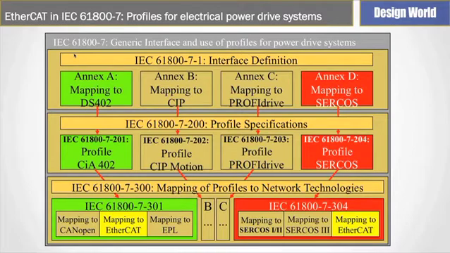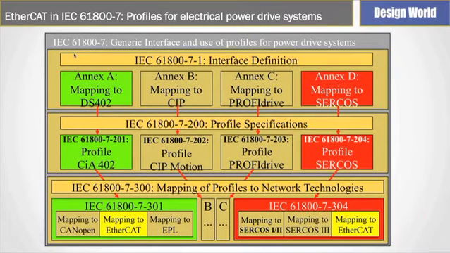For drive manufacturers and drive users, it's very nice that EtherCAT is covered by two of the annexes of IEC 61800, which is the electrical power drive specifications. So there's mapping of objects for CANopen, the CiA 402 specification, and also for the SERCOS specification.